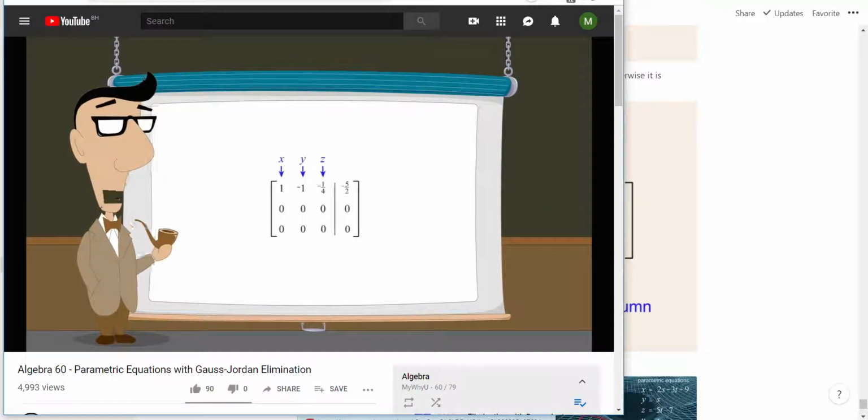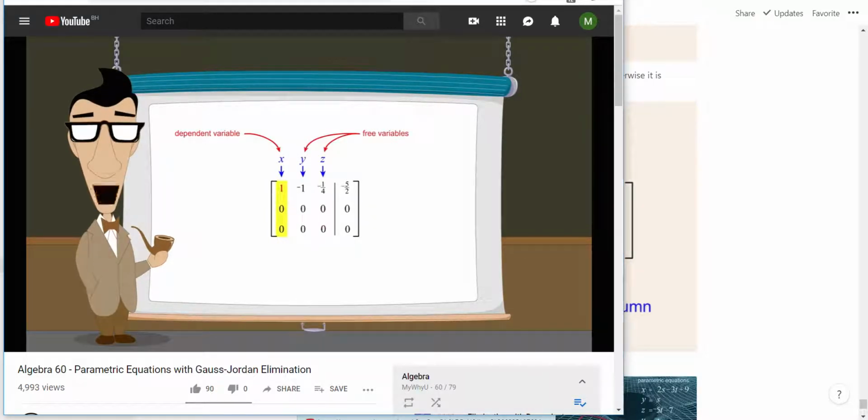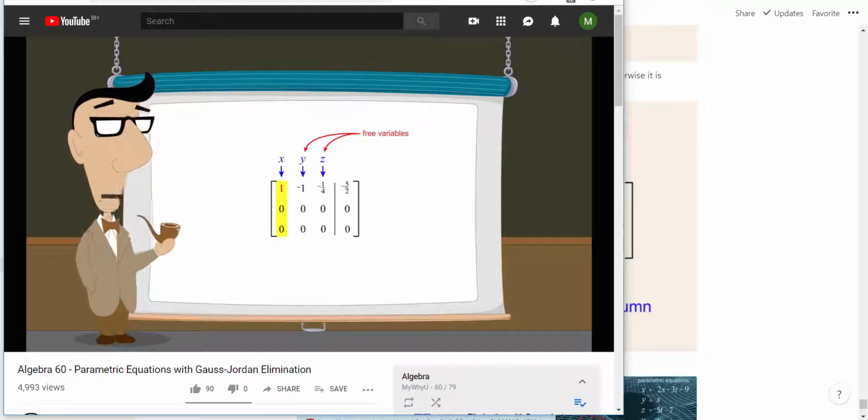So we have seen that in a reduced row echelon form matrix, the pivot columns divide the system variables into dependent variables and free variables. The number of free variables corresponds to the number of dimensions required to graphically represent the solution set. If there are 2 free variables, the infinite solution set will be graphically represented by a 2-dimensional plane.